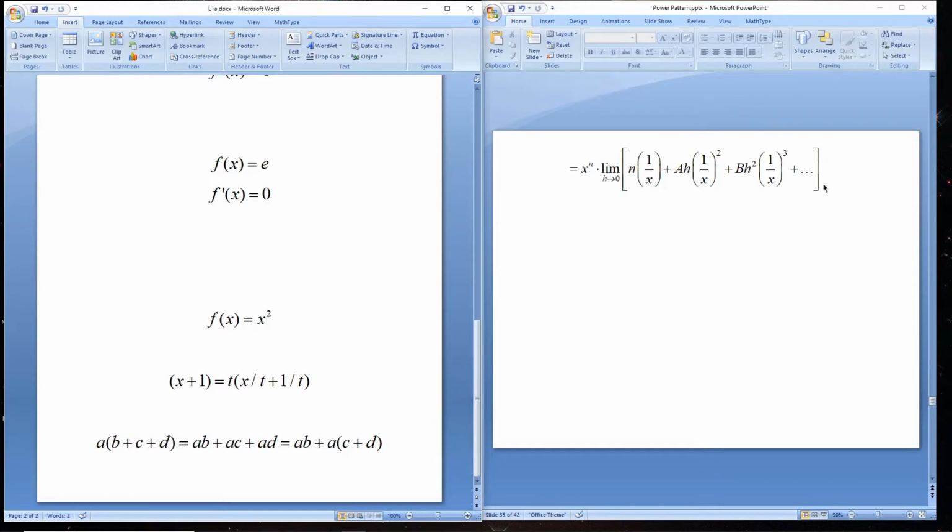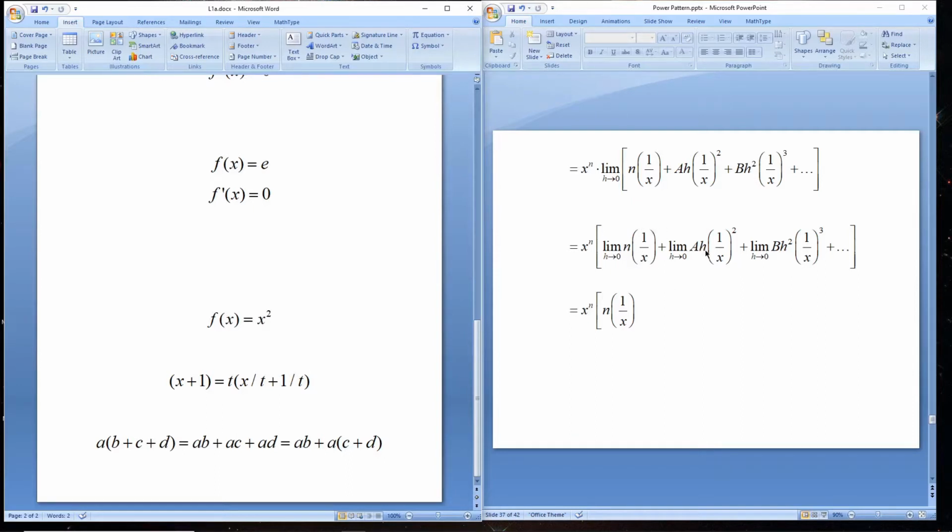This may all seem complicated, but this is actually a pretty neat little thing that happens here. Because you remember, the simple thing to do is if you plug in 0 and it works, then it works. So what happens if we take the limit of all of these terms? I distributed the limit into the parentheses. Well, n times 1 over x, there's no h there, so as h goes to 0, this remains unchanged.